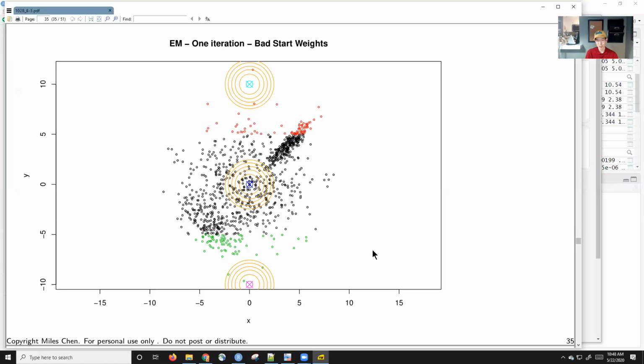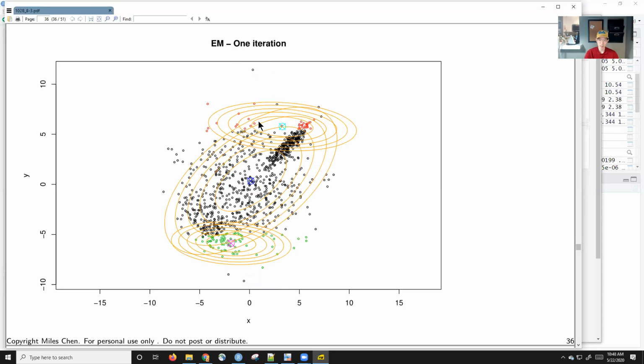Sometimes, so here I'm going to start with these starting locations, okay? And you can just see with these starting locations, because they're equidistant, the borders kind of get drawn straight and flat, and just because there's a little bit more of a concentration of points, the mean is going to get drawn a little bit closer towards the concentration of points. So in the next iteration, the centroid ends up over here. The centroid for the green ends up over here.